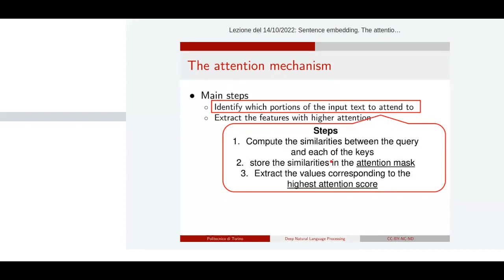Then we look for the most similar words in the document which correspond to the keys that maximize the similarity with the query. And then we return the values associated with those keys. So the first step is to compute the similarity between the query and each of the keys, because I don't know in advance in which position the most relevant keys are stored.